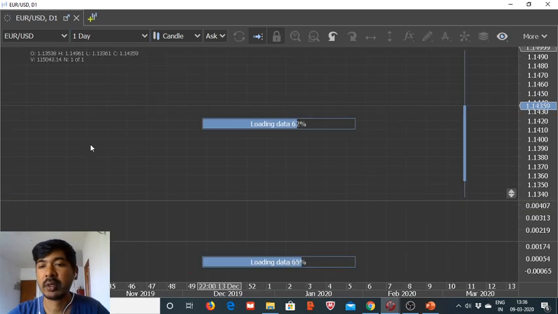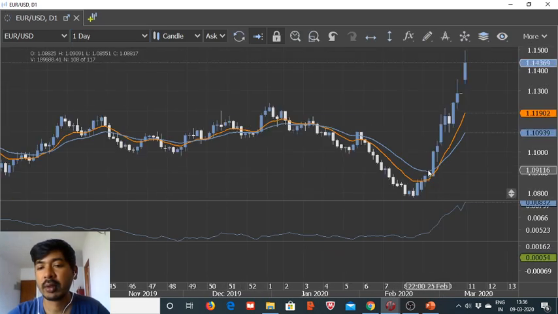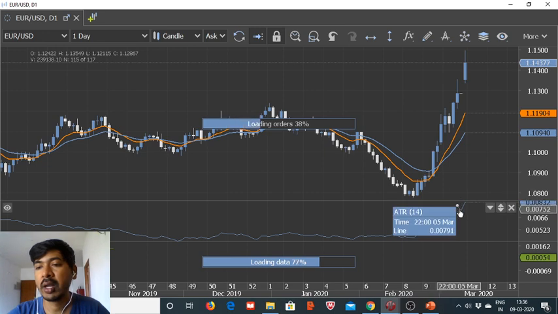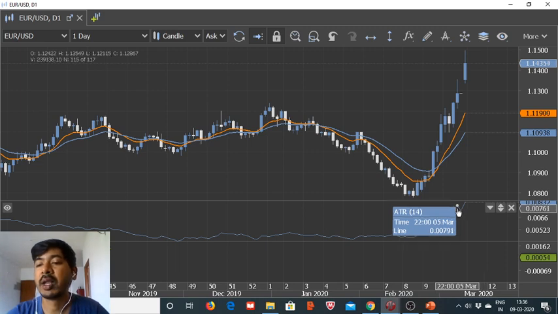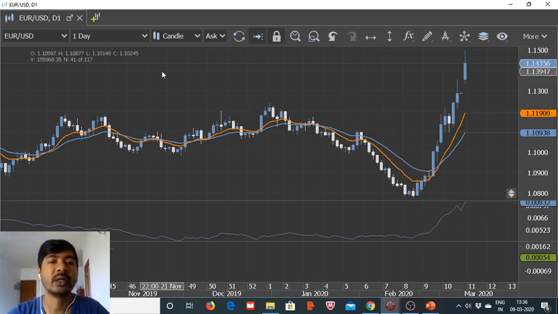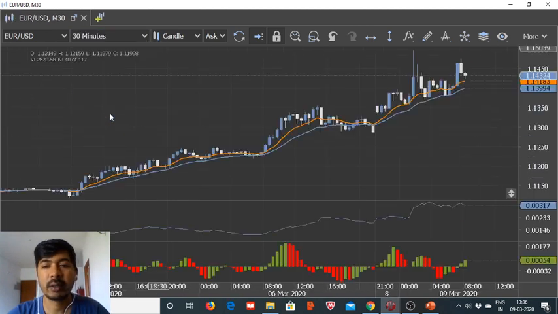So this is the daily time frame, and whatever the ATR we have, we are going to use the volatility there, and we have defined the requirement as 30% of yesterday's ATR. So only if that condition is met, our algorithm will look for trading opportunities.